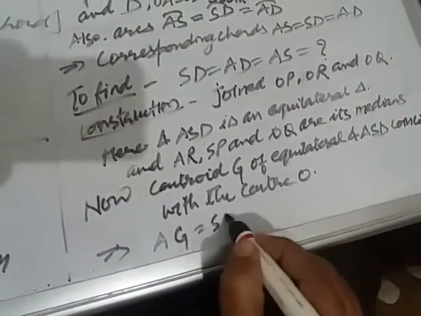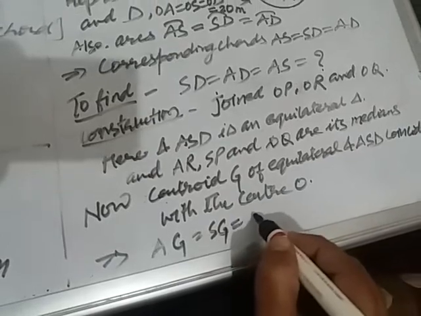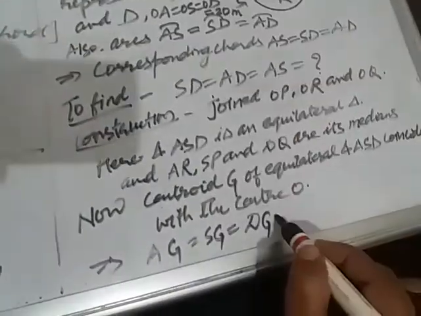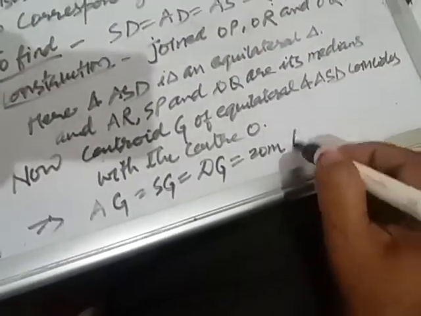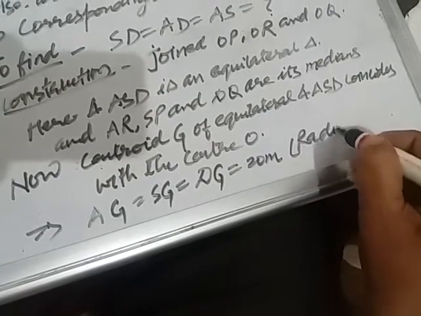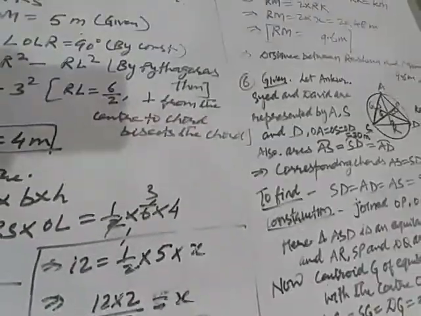Now they have become the radius. This implies that AG equals SG equals DG, equal to 20, the given radius, okay children.